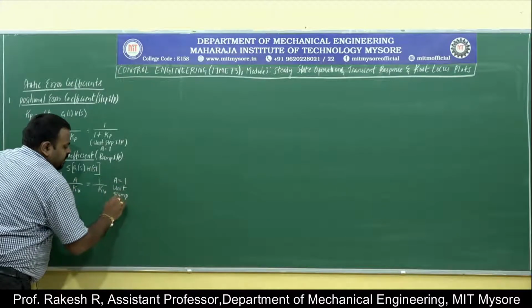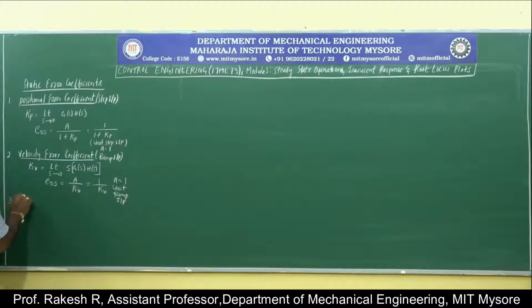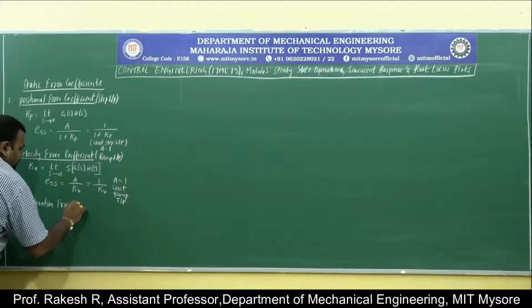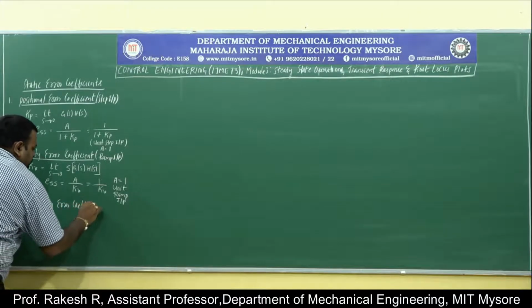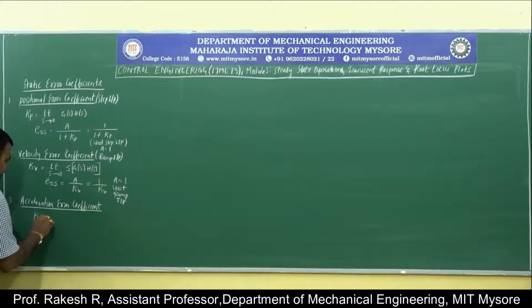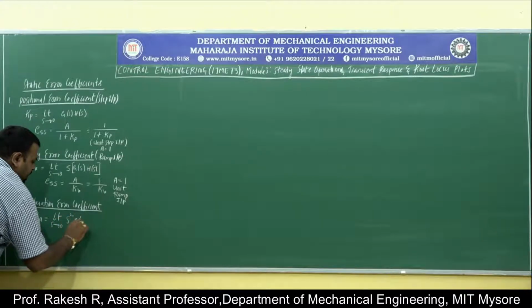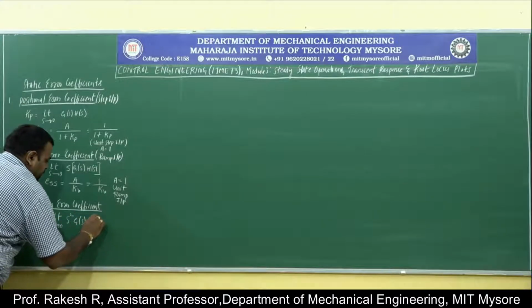After this, there is another one, the acceleration error coefficient. Ka is limit of s tends to 0 of s square into g of s h of s.